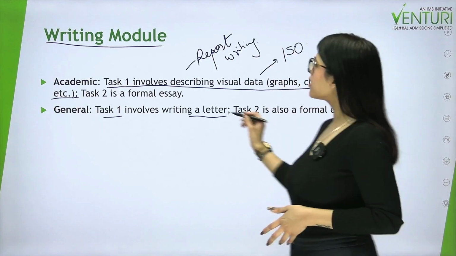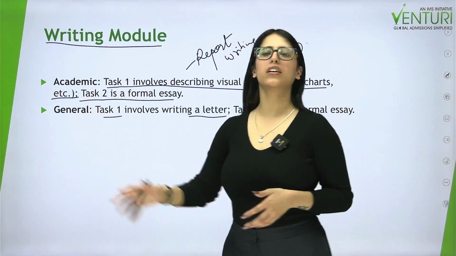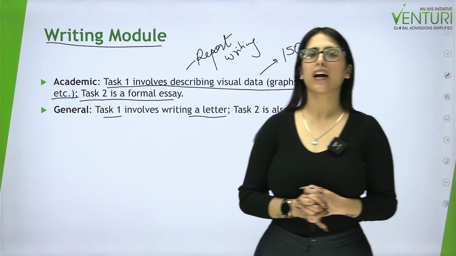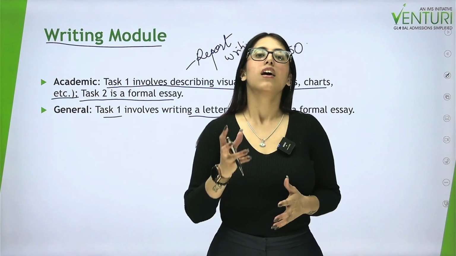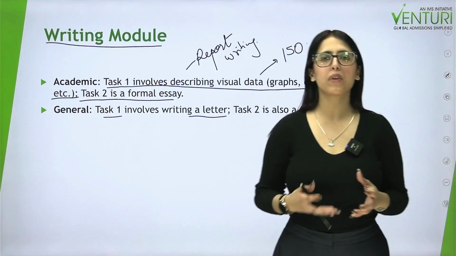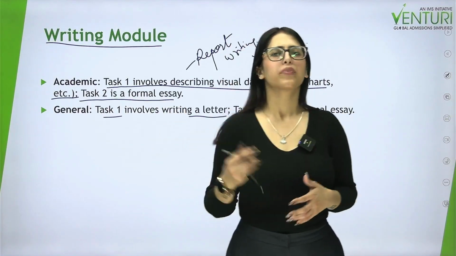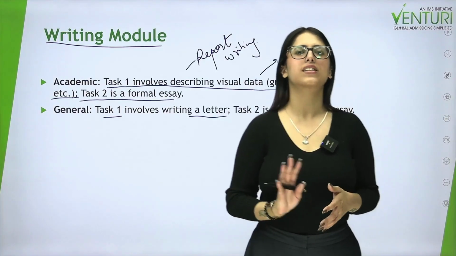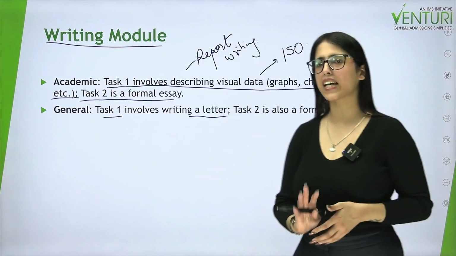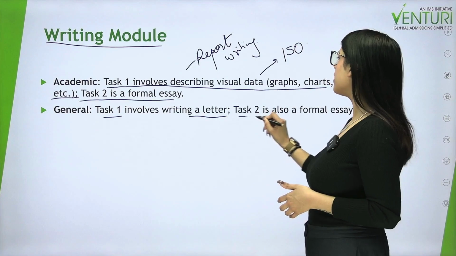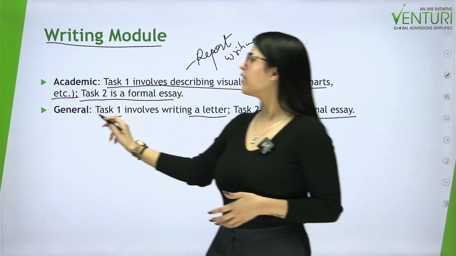Now as far as the second task is concerned, you would know that in academic IELTS you are supposed to write an essay, and that is formal by nature, right? The topic of this particular essay is assigned to you in your question paper itself. Now this is the same convention that is followed for task 2 of general training IELTS.